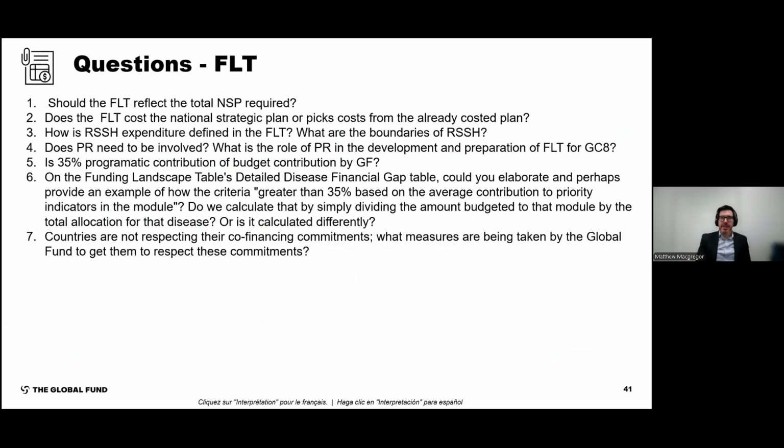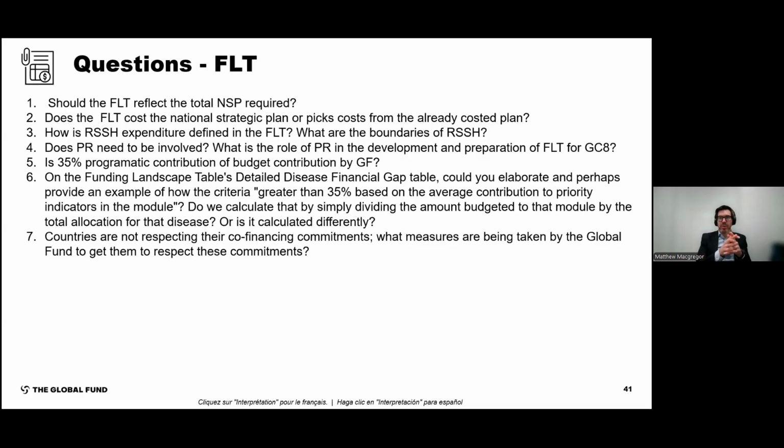Sure. Thanks, David. And thank you very much for the engagement and the good questions. So on the first question, should the FLT reflect the total NSP required? In one particular part of the FLT, in the disease financial gap overview table, we look at the overall funding, the aggregate funding of the national response.